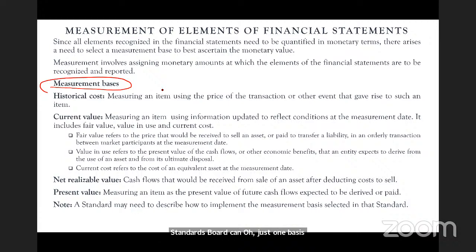It can pick just one basis of measurement. For example, inventory, and they tell you that when you are recording that inventory after buying it, let it be recorded at historical cost. Are we together? So as and when we look at a standard, the standard will be able to guide us on how we should measure this particular element.